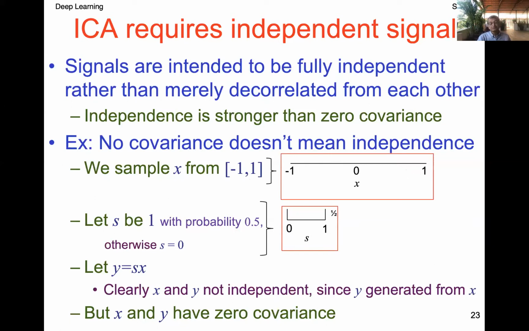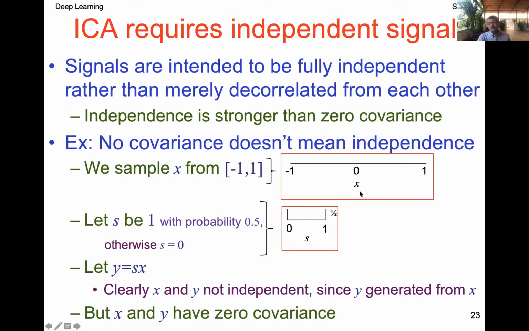Supposing we have another variable s, which is binary valued, either 0 or 1, each with probability 0.5. So it's just like tossing a coin. Did you get head or tail? That's the value of s.